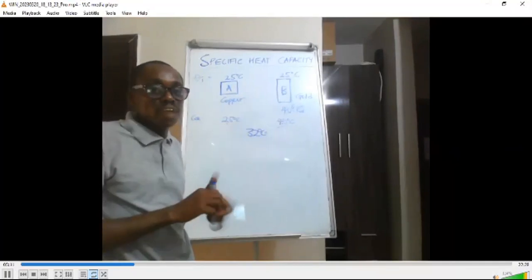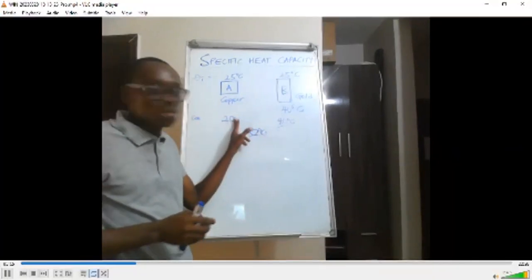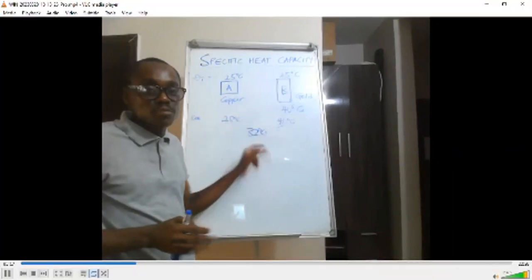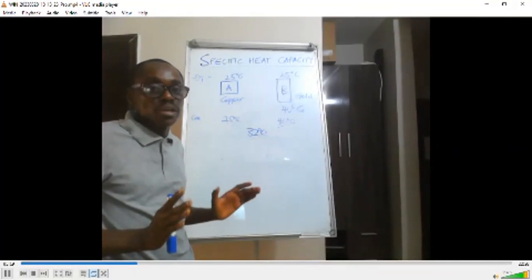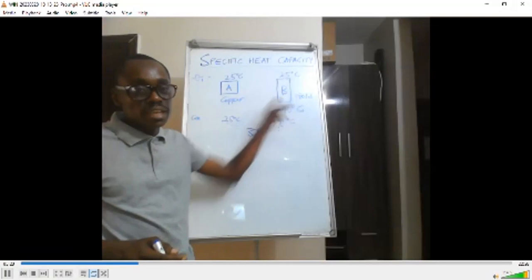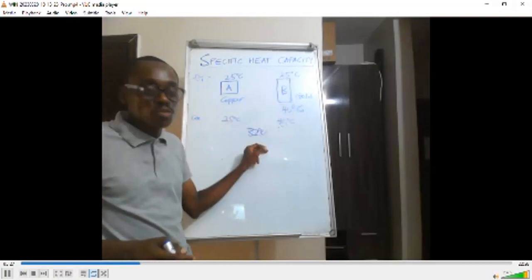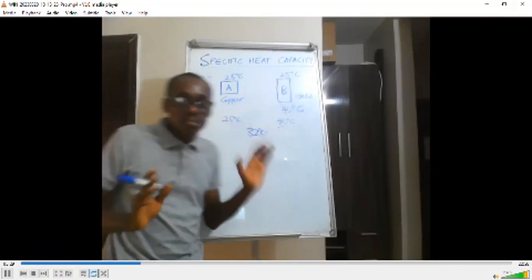So they will now be at equilibrium. So this will decrease to a particular value. This will also increase to that same value. Okay. So at the end of the day, there was a loss in heat here. This lost heat. This absorbed heat. So that is how it is actually transferred.